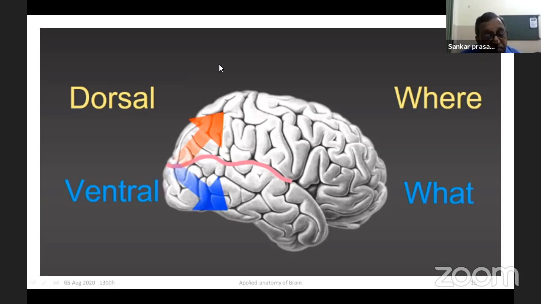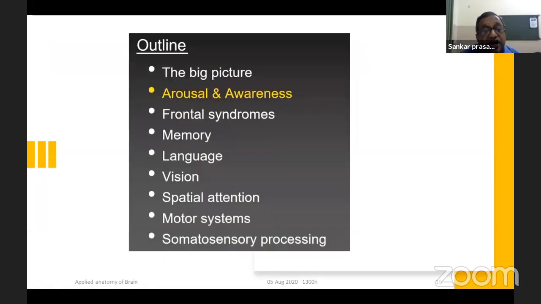So this is a broad idea, and with this big picture, we will look at how the brain maintains arousal and awareness, and the frontal syndromes. These are important because the frontal lobe in primates is most developed in humans, so its functions are very important for us to understand.